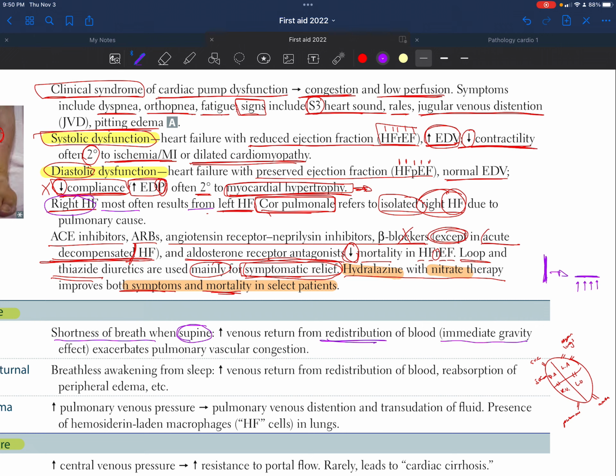That is the immediate gravity effect, and because it redistributes, it increases the venous return, and the increase in venous return exacerbates the pulmonary vascular congestion.